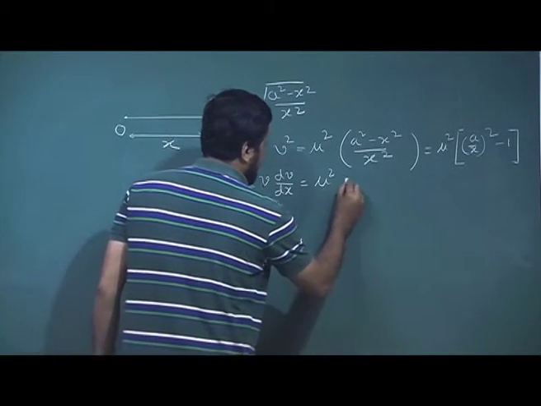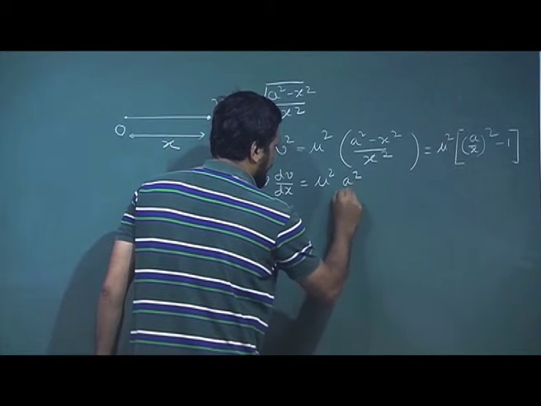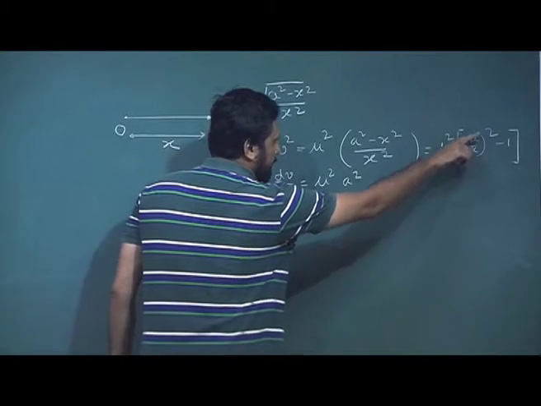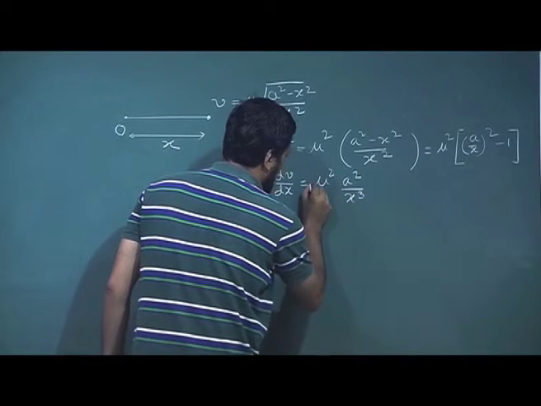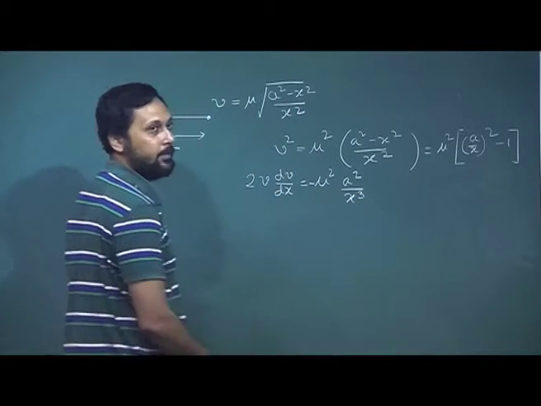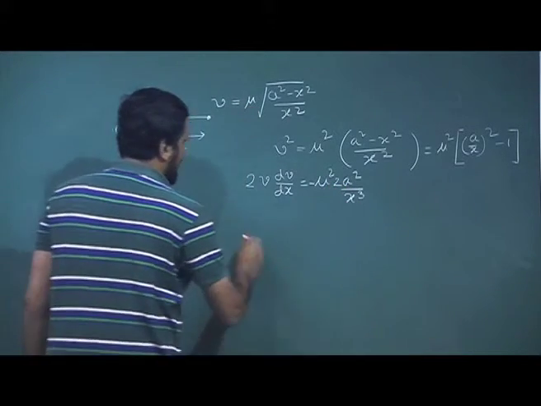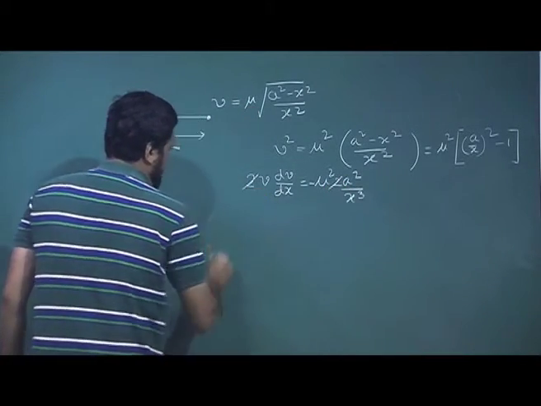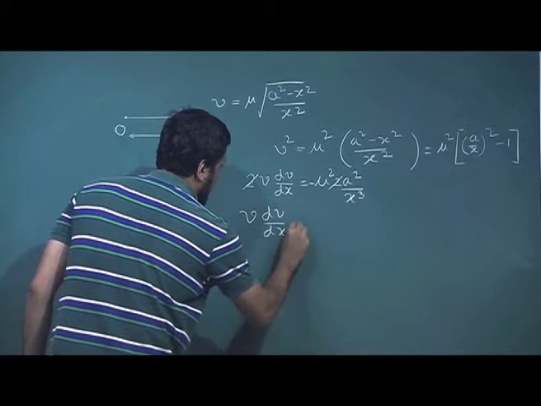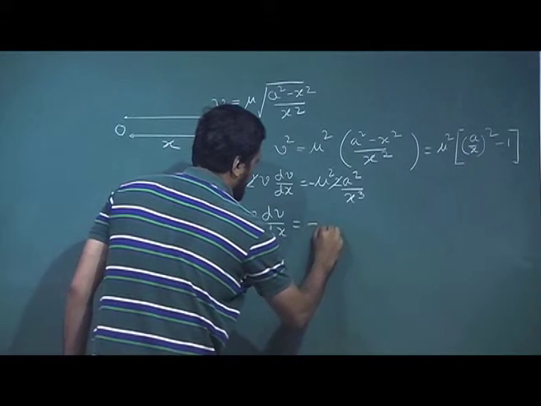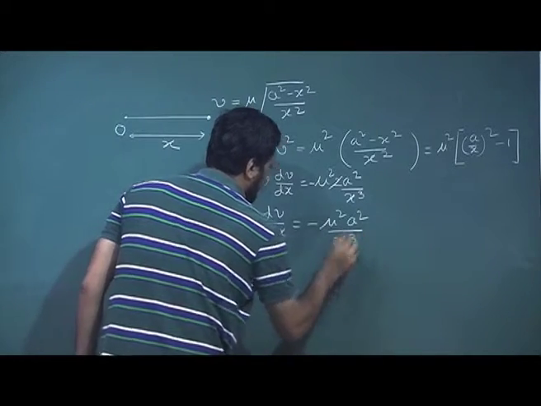If we take the derivative, it will be s square and the derivative of 1 by x square, which will be 1 by x cube with a minus sign. And then there will be a factor of 2 coming up here. Now, this 2 will cancel out, essentially leaving us with v dv dx is equal to minus mu square s square by x cube.